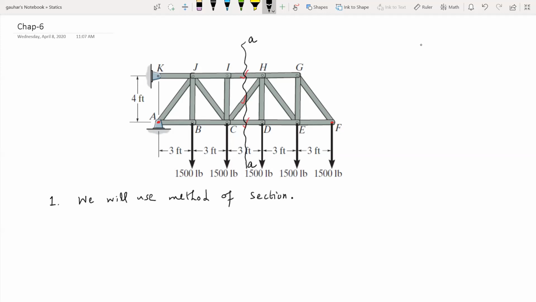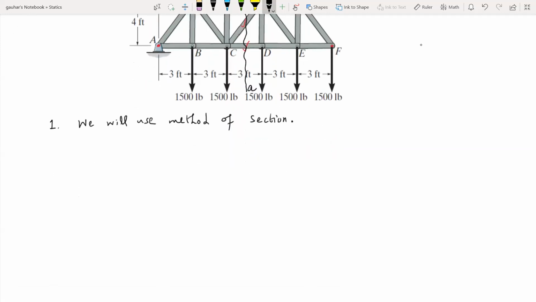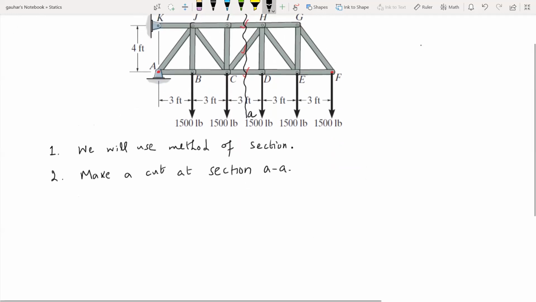Now we can go ahead and say, make a cut at section AA. We are done with the cut.